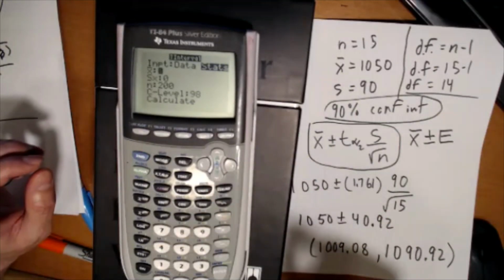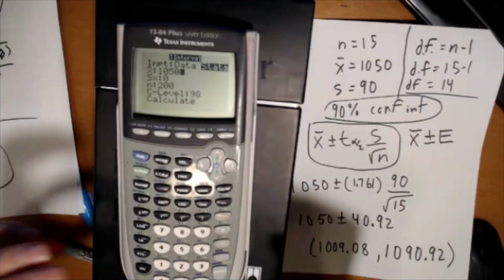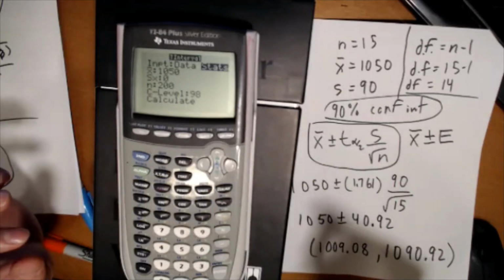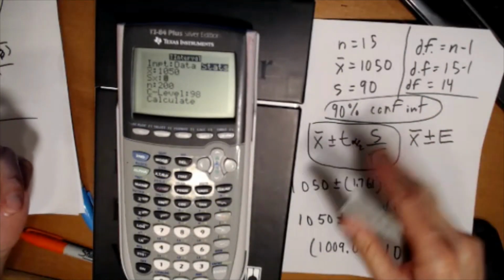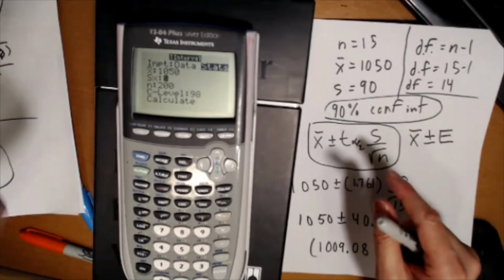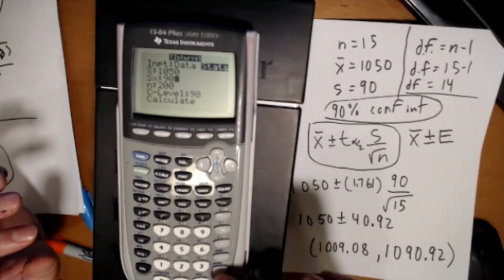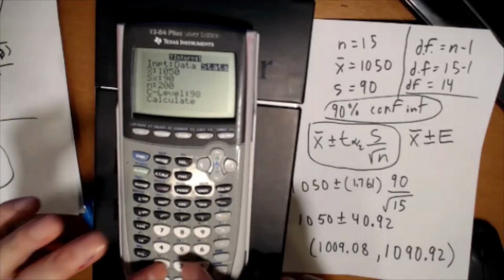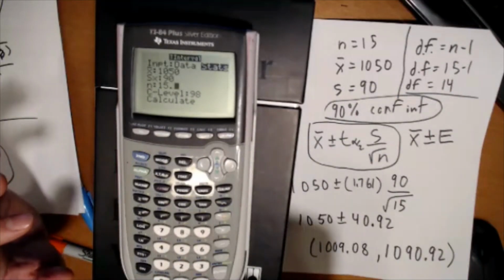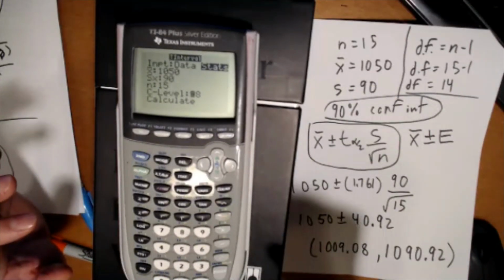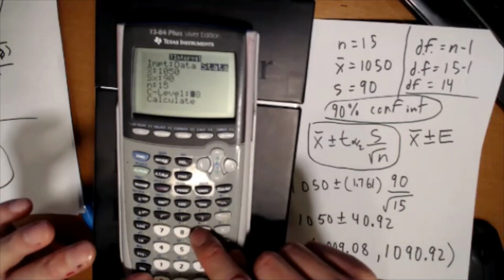And then it says, what's the x bar? 1050. What's the s sub x? What's the s, right? They're just calling the variable x. So what's the s? 90. Okay. Sample size n, 15. Confidence level, C level, 90.